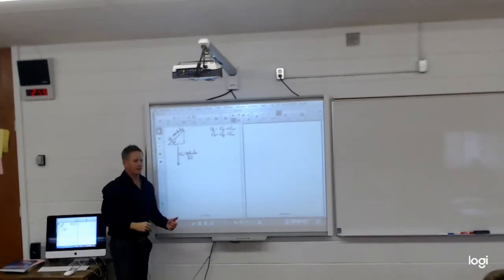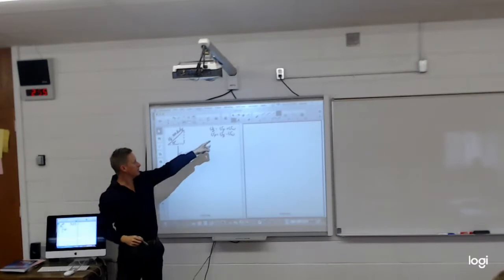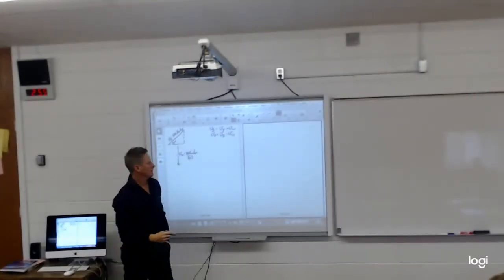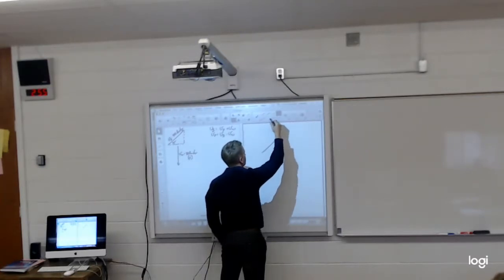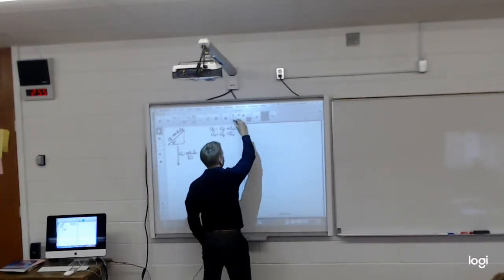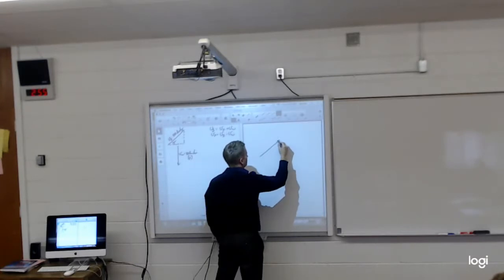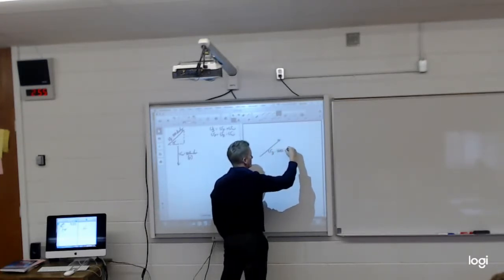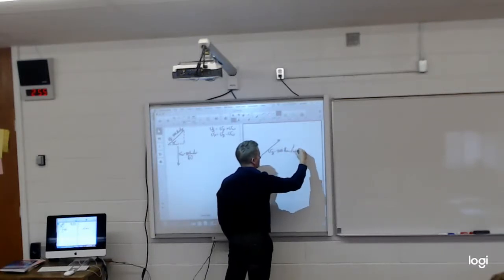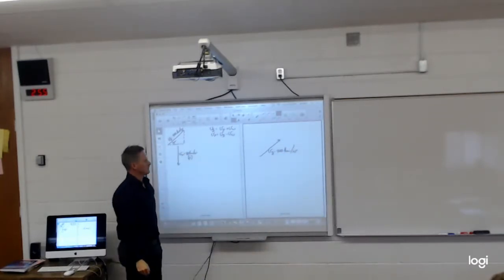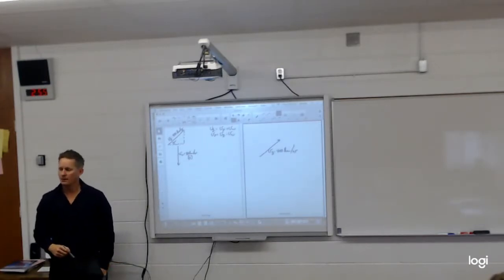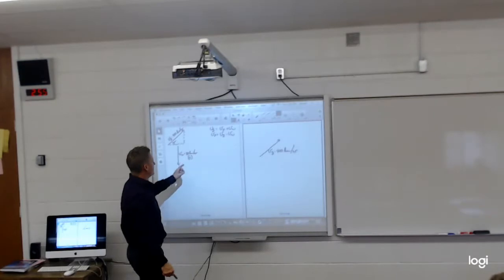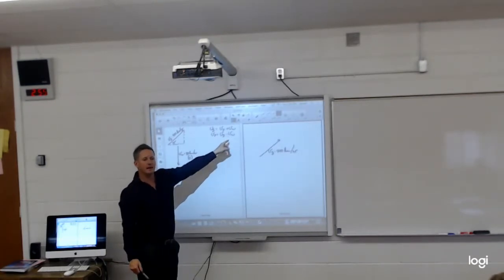So now I'm going to draw this. The first thing I'm going to draw is my ground speed, right here. Velocity of the ground, 400 kilometers an hour. That's VG. Now, I need to draw the negative VW.